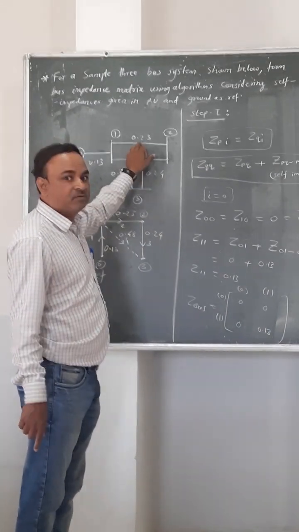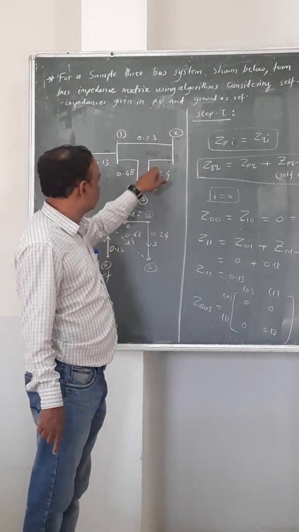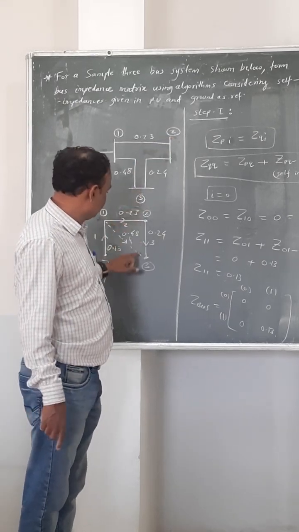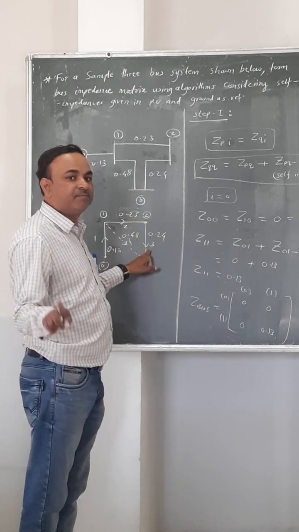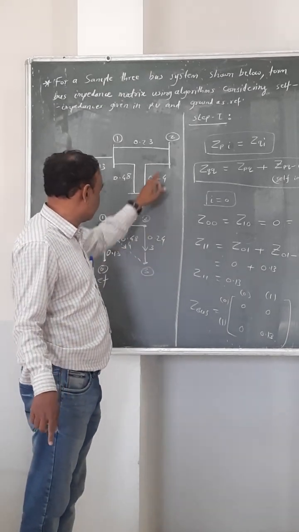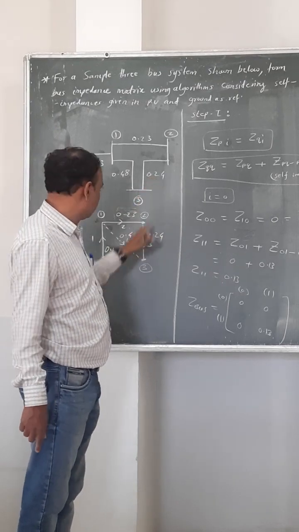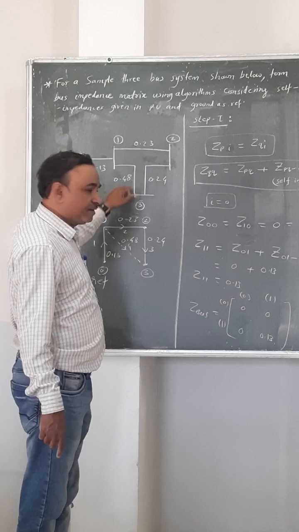What is the value? 0.23. Then I have connected the next element between node 2 and 3, and labeled it as element number 3. What is the value? 0.24.